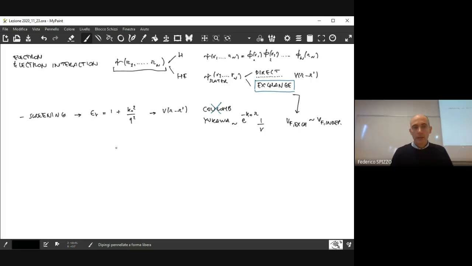So at the end of the story, even if we consider the electron-electron interaction in a system where we have a huge number of particles, so where you should expect a strong contribution of the interaction, then at the end, this strong contribution is not observed. And the motivations behind that are, on one side, the effect of the screening contribution, because you strongly depress the long-range tail of the interaction potential.